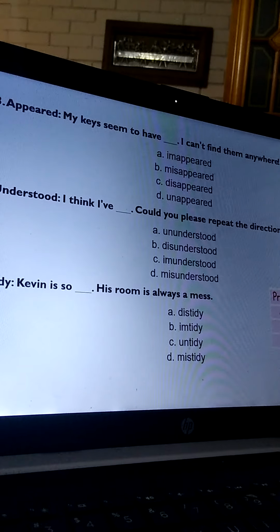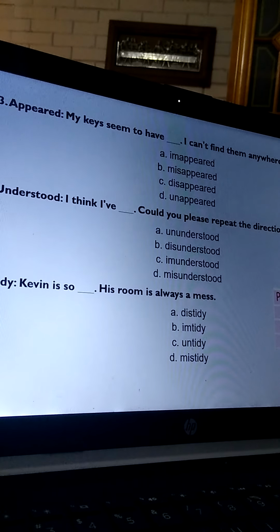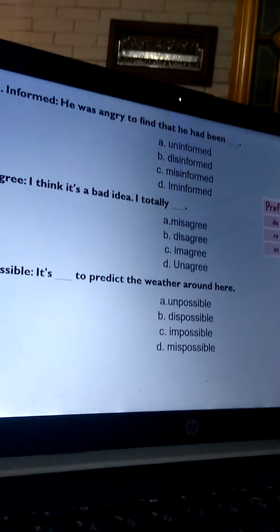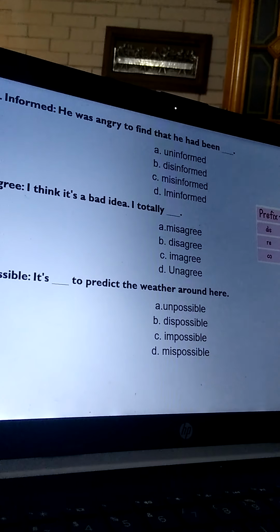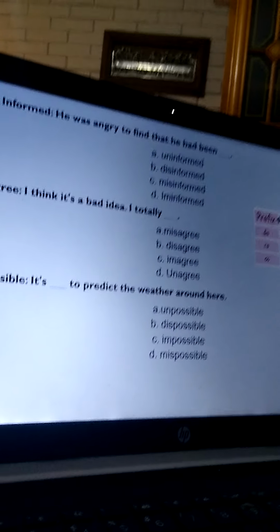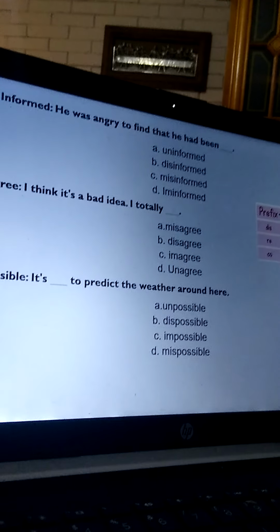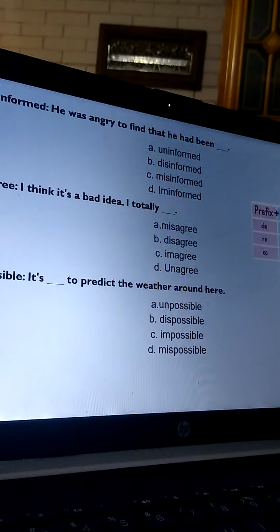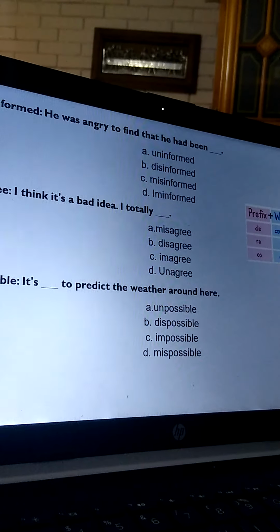Tidy, untidy. Informed, disinformed or misinformed also. Agree. That one is an easy one. Disagree. And possible.